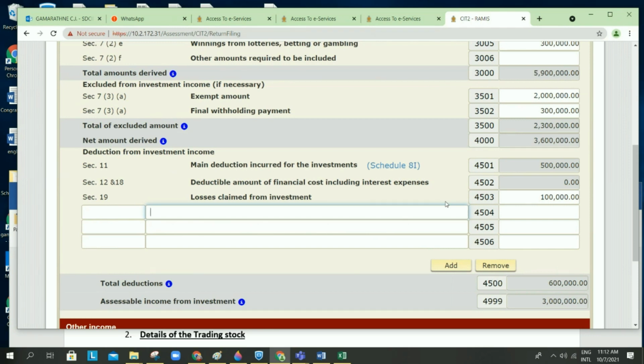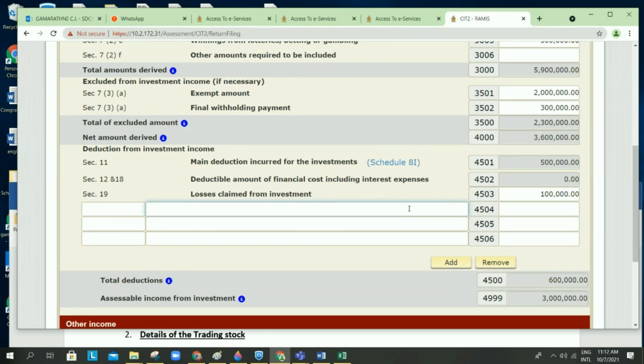Then we concern ourselves with the deductible amounts, right? Under section 11, they can deduct the main deductions, that means any expense incurred for production of income. This is also directly connected with schedule 8I, which we already discussed under the business income, right? If you go to schedule 8I, there's a separate line for investment income, right?